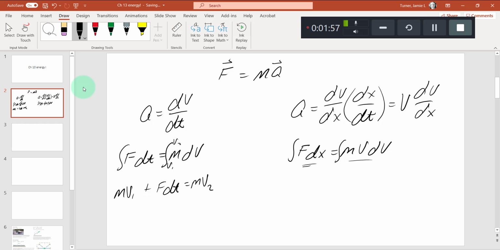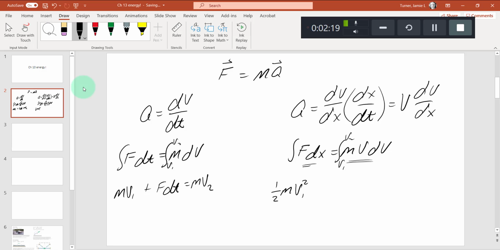Or you could think of this as work and energy, but you have some starting velocity, some ending velocity, and if you crank through this integration, what you do is you have some starting energy, and this is velocity squared, so it's not negative or positive, up or down. It's not a vector anymore.